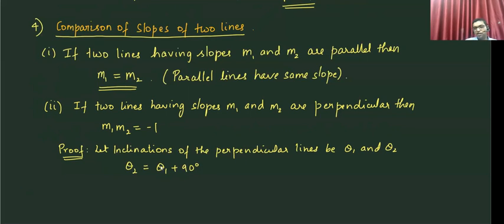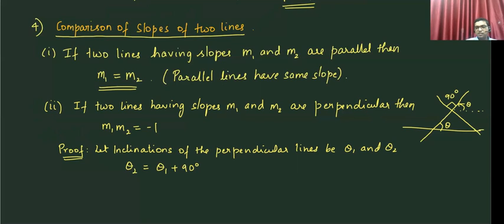Because they are perpendicular lines. This line is inclined at theta, and a line perpendicular to it will have angle theta plus 90 degrees, isn't it?